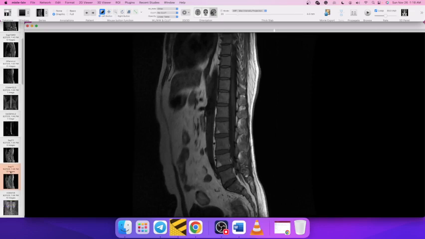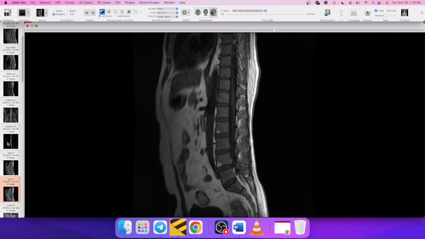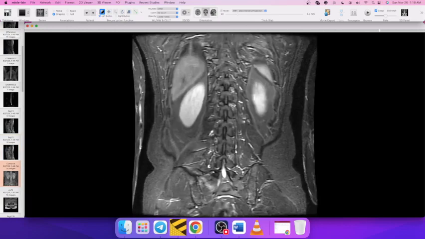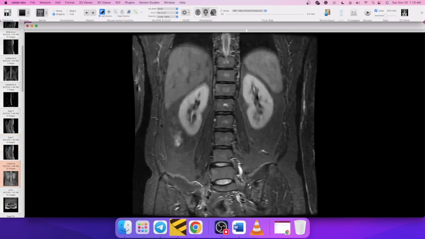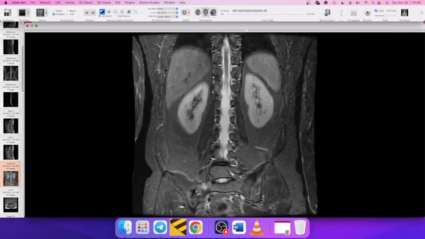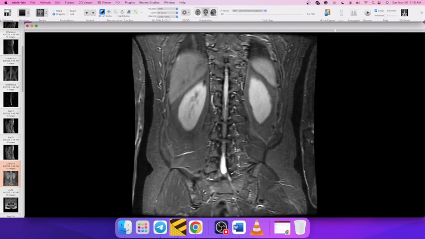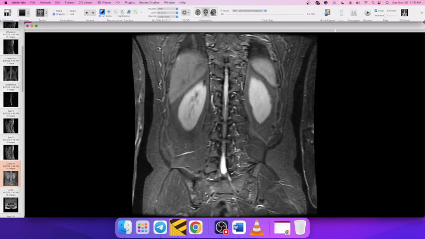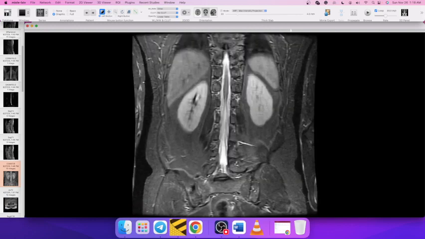And then we can see the coronal images, and in coronal, make sure you look at the sacroiliac joints, and that's what it's done primarily for. We can see that the sacroiliac joints have some amount of subarticular erosions and irregularities. There is reduced joint space, but there's no joint effusion.